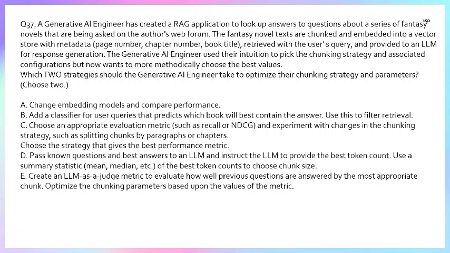Now come to option D. Pass known questions and base answers. Here it is innovative but potentially a complex and indirect approach, relying on the LLM to guess the optimal token count, which might not be as reliable or transparent as direct metrics-based evaluation.